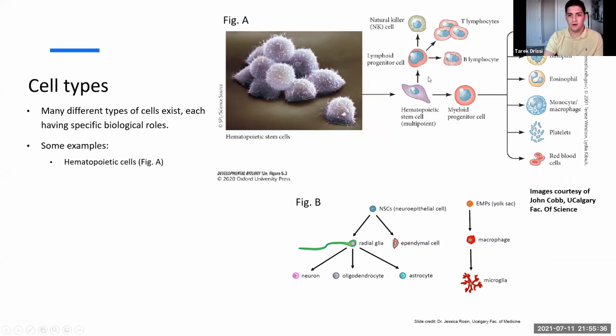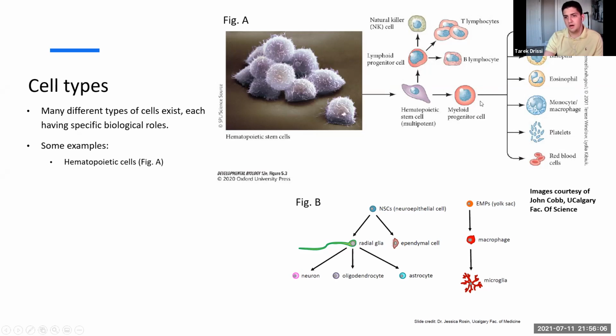So you can see from a single hematopoietic stem cell, which is a cell that produces all of the different kinds of cells, you can think of a stem cell as a master cell that is able to make any cell type. A hematopoietic stem cell can create, if you look down the line, immune cells, so natural killer cells, T lymphocytes and B lymphocytes, which function in the immune system, so they respond to infection.